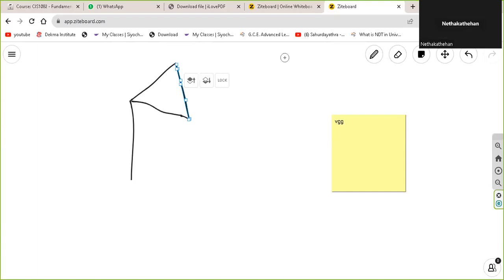Now I am solving the first question. This is the figure.